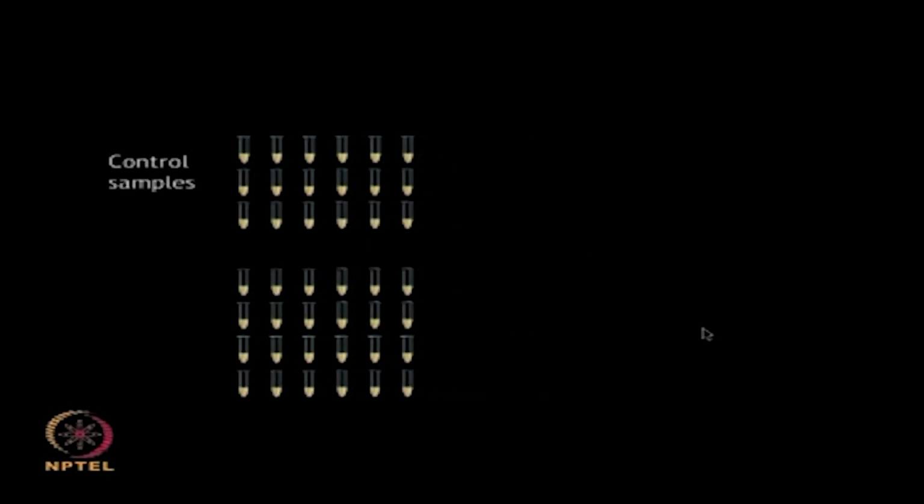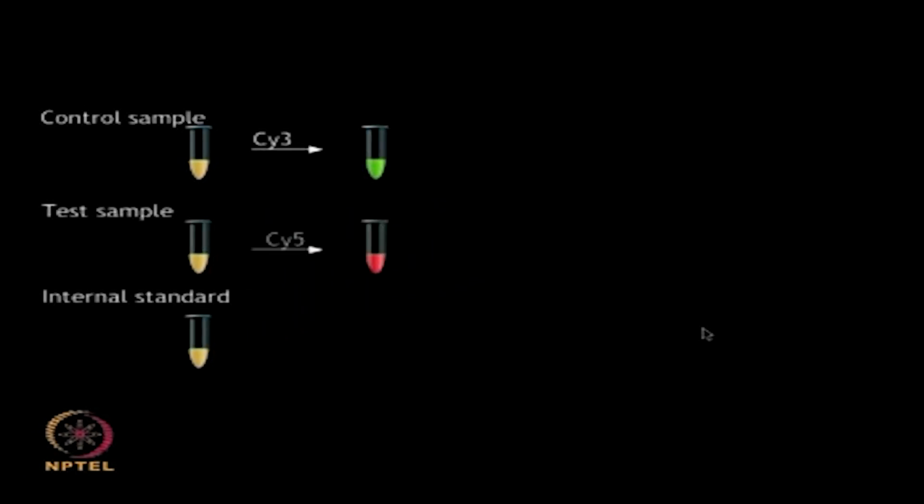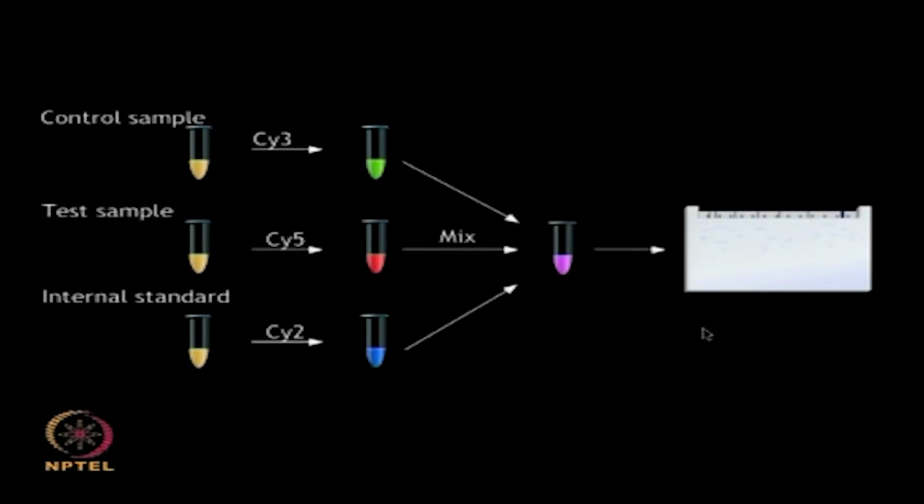Whereas, DIGE can be an extremely valuable tool for the analysis of a large number of samples simultaneously without having to overcome the problem of gel to gel variations. The control and test samples can be differentially labeled by using Cy dyes and run on a single gel.